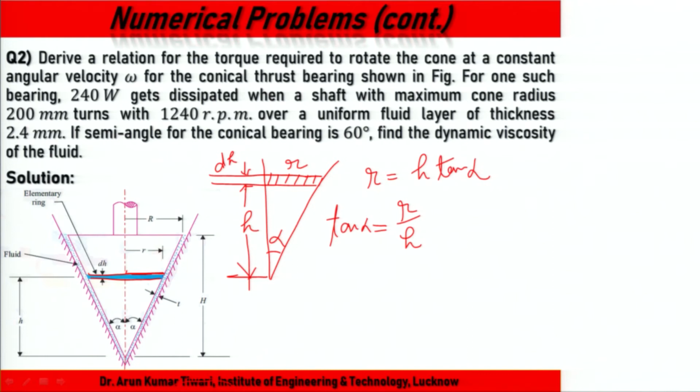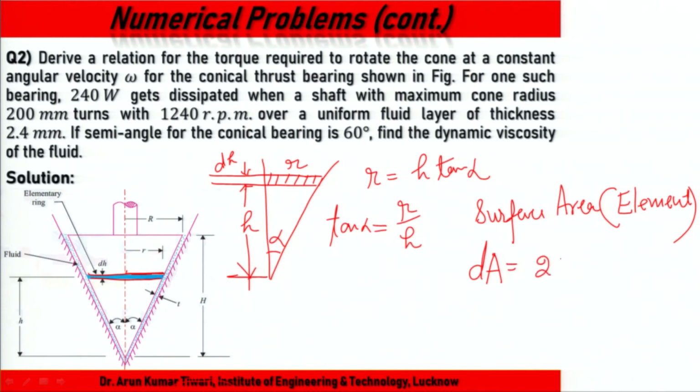And what is the bearing surface area? How do we calculate it? The surface area of the element ring. If the ring is very small, it is 2 pi r into dh times the reverse of cos, which is sec.